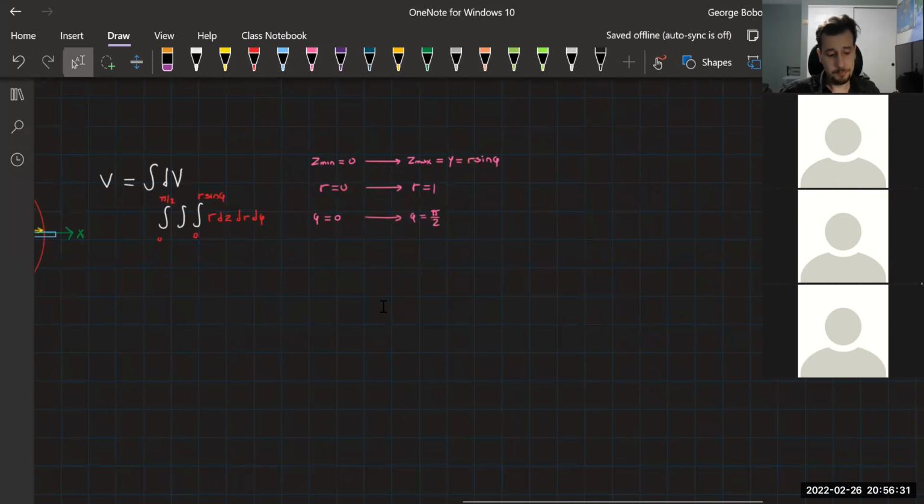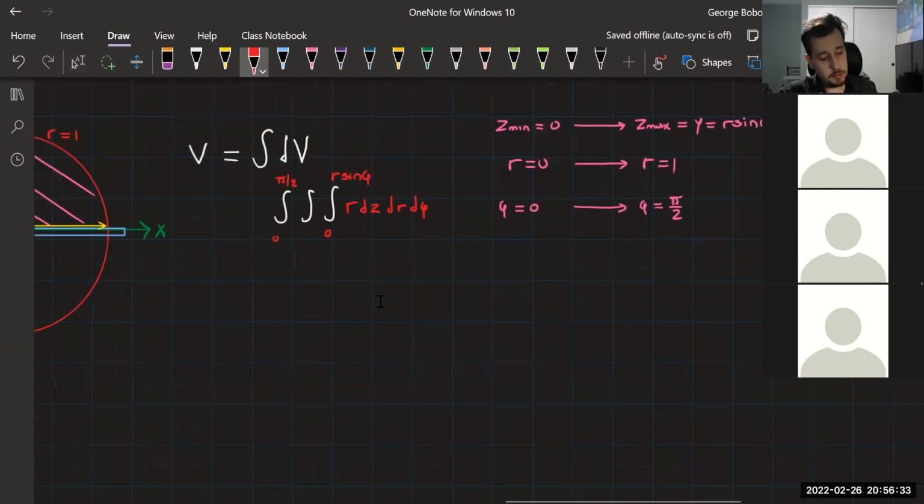How beautiful is that? And now we fill in the other bound for r, and we're ready to roll. Now, you can see that I need to follow the order that these are written. I'm locked, okay?